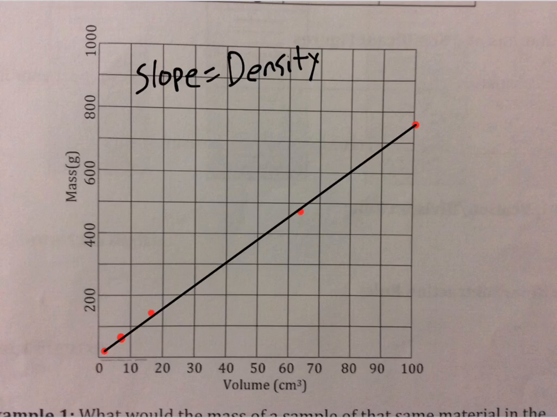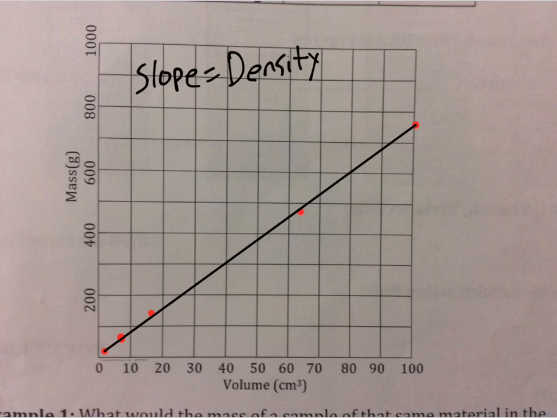As you get more and more volume, you have more and more material packed in there. So the more material you get, the more space it's going to take up. So it's a pattern here. That slope is the density.